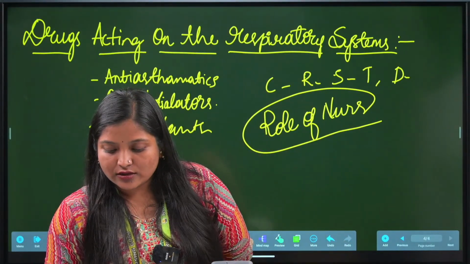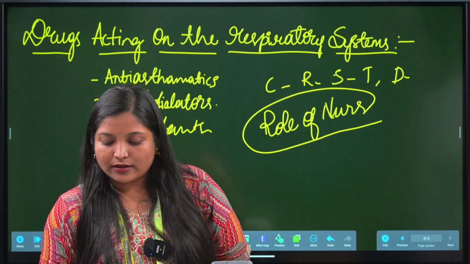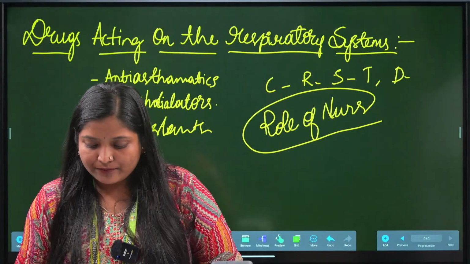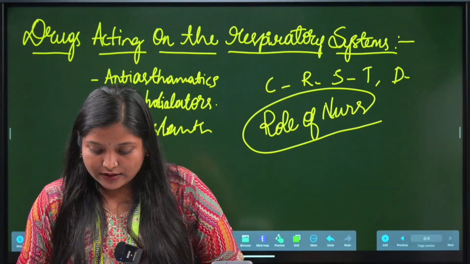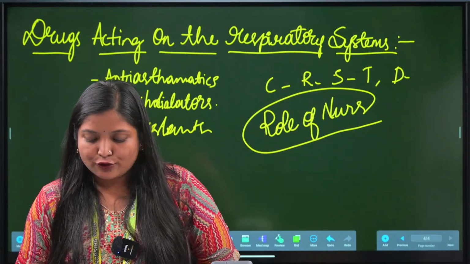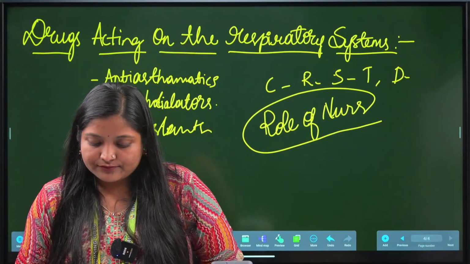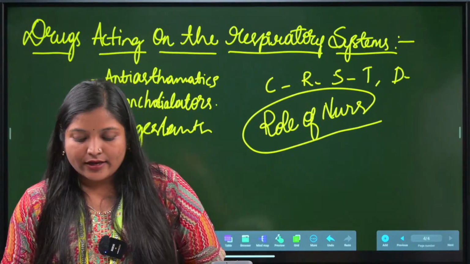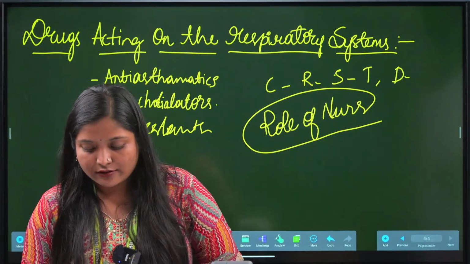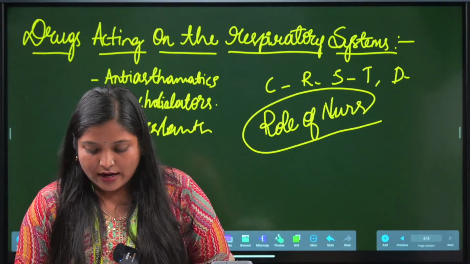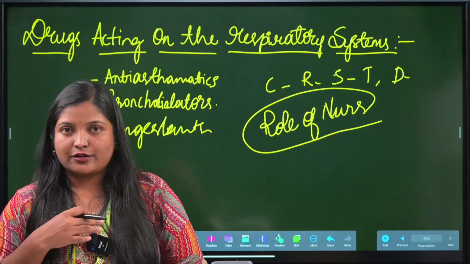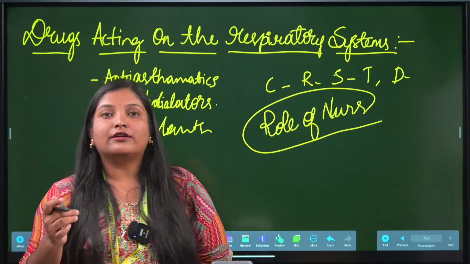The next one is drugs used in the treatment of cardiovascular and blood disorders. Hematinics and treatment of anemia. The next one is cholinergic, anti-cholinergic and adrenergic drugs, and anti-anginals, which are related to angina pectoris, that is chest pain.